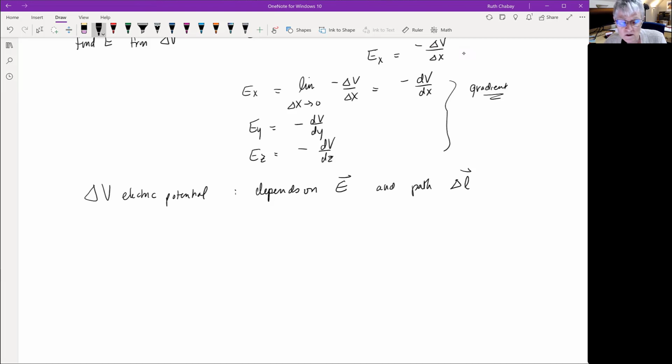It doesn't depend on the sign of any charge that might end up traveling that path. And it's useful because the change of electric potential energy of a system is going to be the charge of the moving object times the potential difference along the path along which it moves.